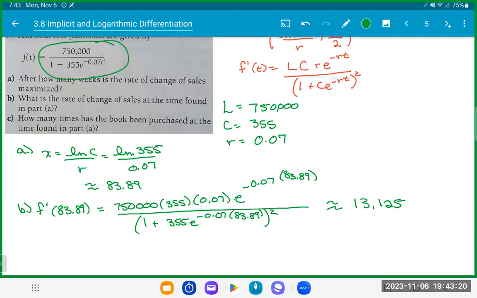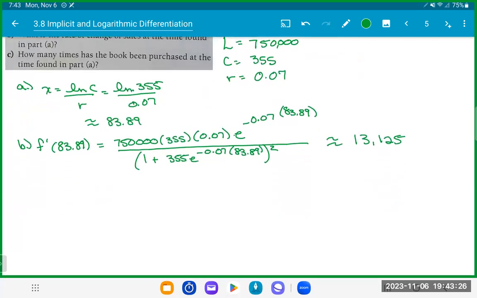So part C wants to know how many times the book has been purchased at the time that we found. So that's just plugging that back into our original equation. And so we get F of 83.89, and that's going to be 750,000 divided by 1 plus 355 e to the negative 0.07 times 83.89.